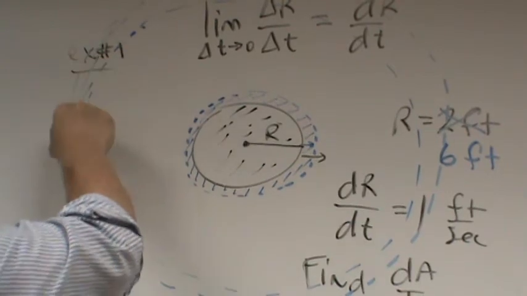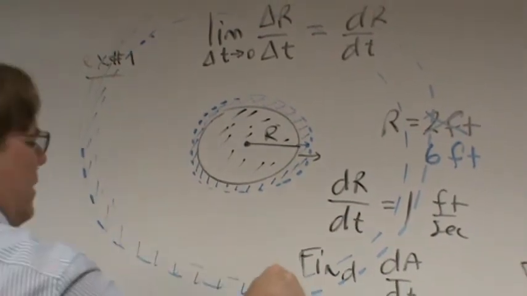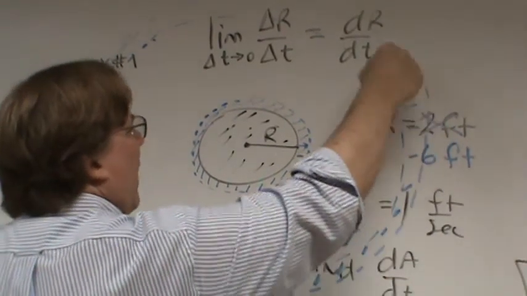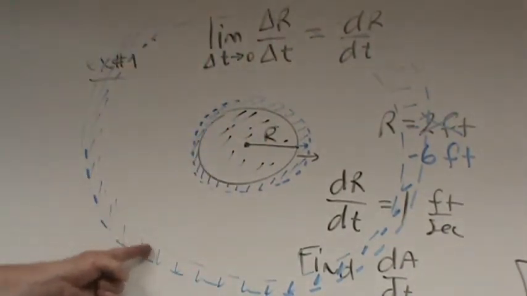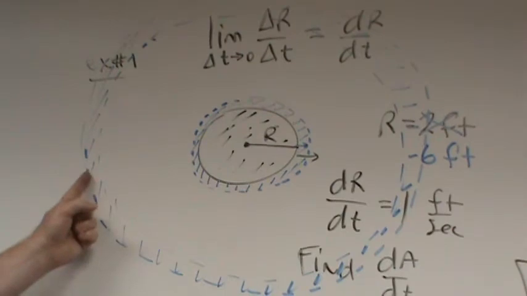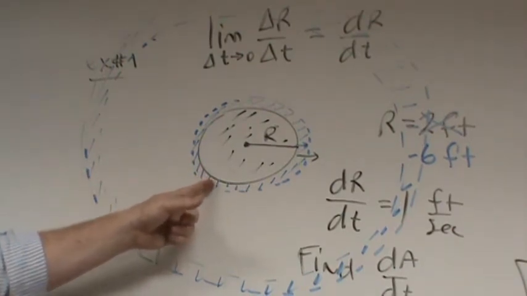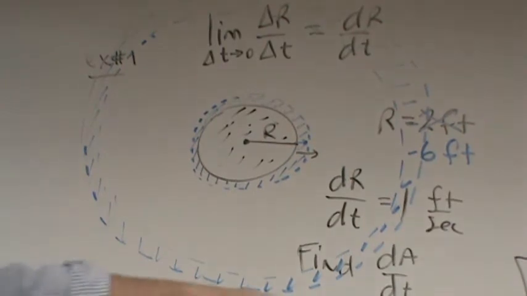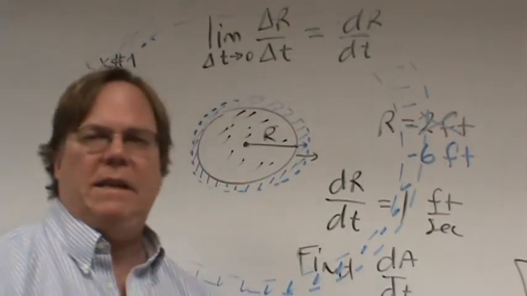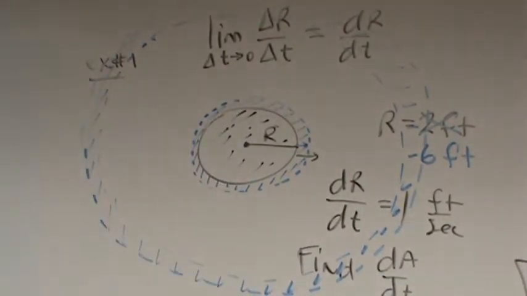Do you see that that extra area now is much, much greater than the extra area was when the radius was 2? This annular ring has way more area than that annular ring. So I want you to also be thinking conceptually, does it make sense that if my r was bigger, my dA/dt would be bigger? And the answer is yeah, absolutely.